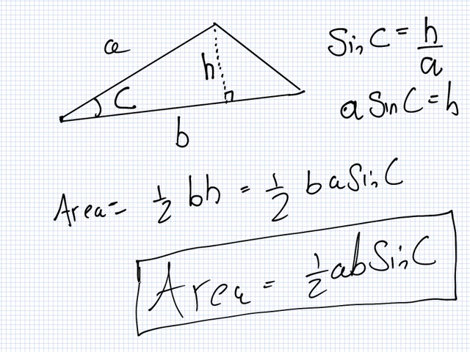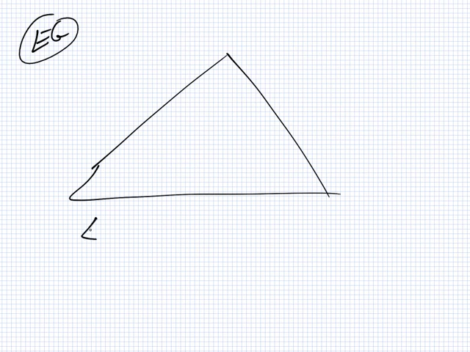Okay, let's do a couple of simple examples and then let's look at some harder examples. Can I scroll down? Yep. Okay, let's do this one here. So I have a triangle. The base is 3 and the height is 7.